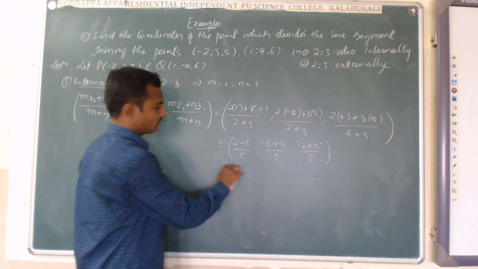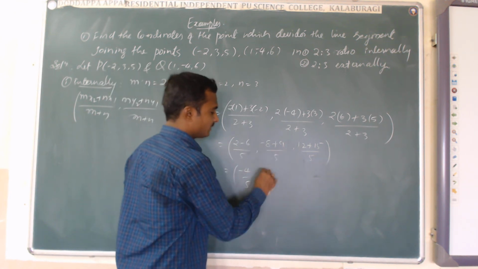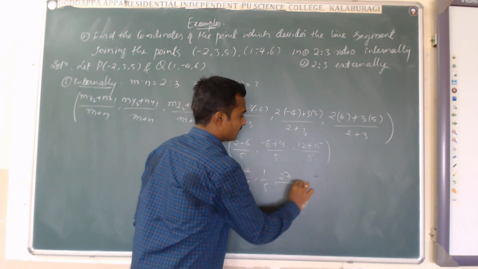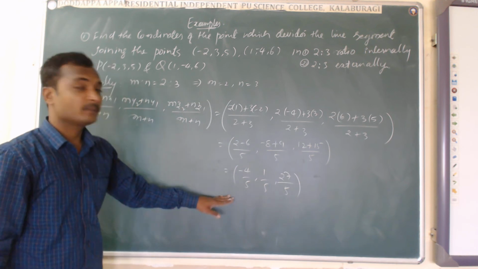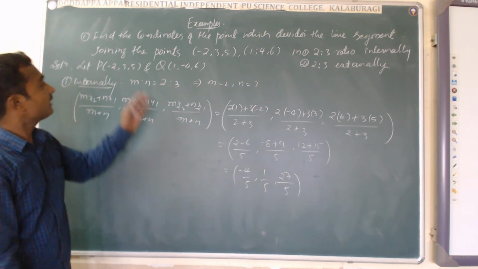Okay, you solve this. So 2 minus 6 is -4 by 5. 9 minus 8 is 1 by 5, and 12 plus 15 is 27 by 5. So this is nothing but the coordinates of the point which divides the joining of these two.